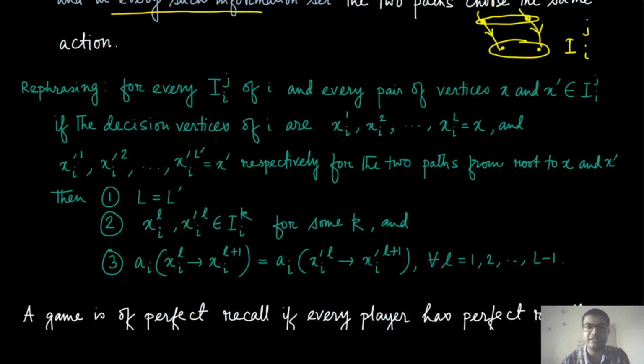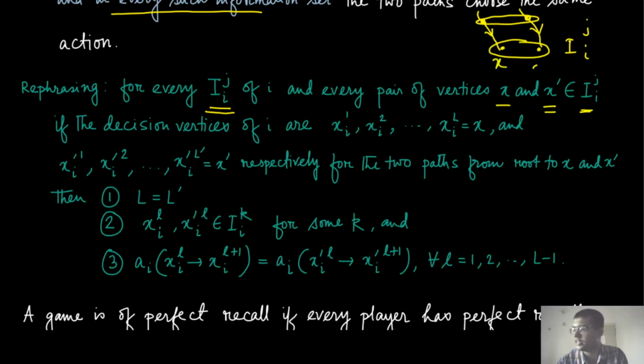You may rephrase the same statement in more formal terms. Let's say I pick a specific information set I_j for player I, and consider every pair of vertices x and x prime living in that information set.